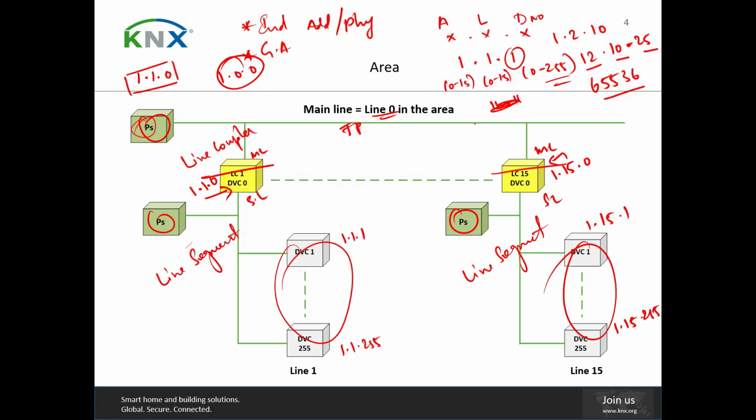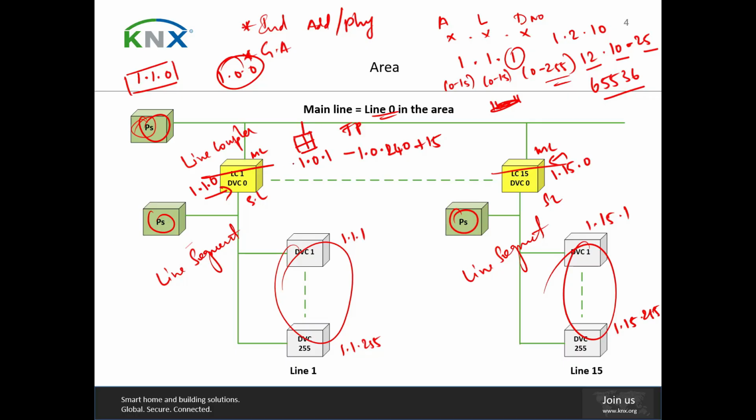So any device on this line will have an address, like let's say I have a keypad or whatever it is here, and this will have the address 1.0.1 to 1.0, let's say 240. Why? Because there are line couplers, so you will have 15 line couplers maximum, so plus 15, you will get up to 1.0.255.